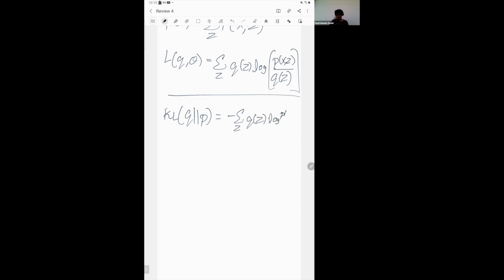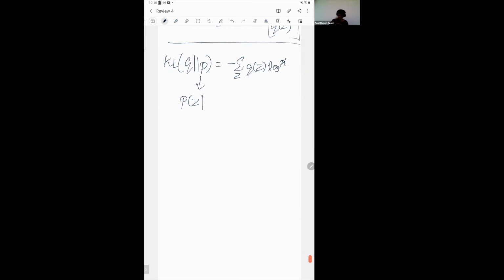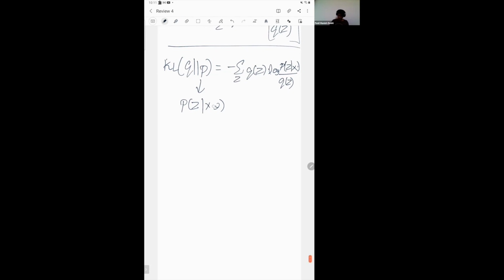Here p is the posterior, p of t given x, so given your x, the probability of the latent variable, probability of z given x. All of this is parameterized by theta, so I'm just skipping theta.